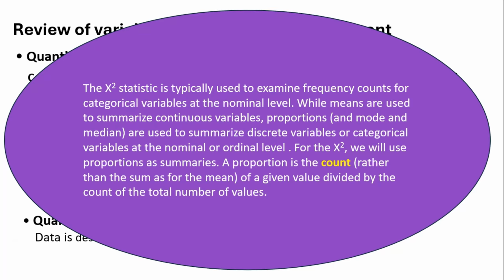While means are used to summarize continuous variables, proportions and mode and median are used to summarize discrete variables or categorical variables at the nominal or ordinal level. For the chi-square, we will use proportions as summaries. A proportion is the count, rather than the sum, as for the mean, of a given value divided by the count of the total number of values.